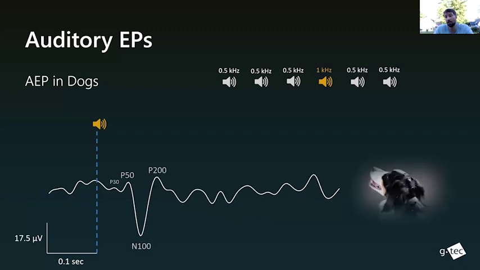Very similarly, that's what we found with our tests with a similar paradigm in dogs. We again had an oddball auditory paradigm with target and non-target stimuli. If you average the target stimuli, we have quite a high amplitude. This is also due to a lower amount of target stimuli, but a very similar temporal behavior, and even a stronger response, as we found.